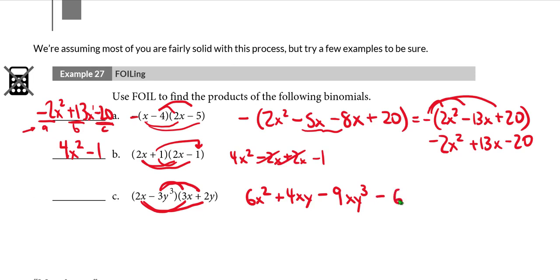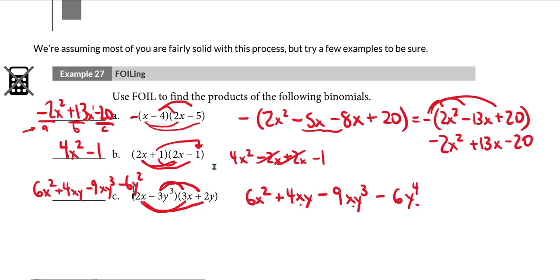Let me be careful here. So this is negative 6y to the fourth. And this is one of those cases where we don't have any like terms. There's an xy, an xy cubed, a y to the fourth. So there's no like terms here. So actually we end up with 4 separate terms in this case.